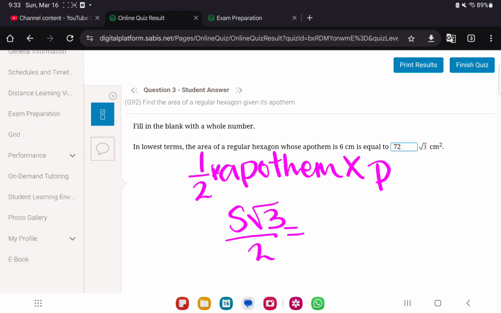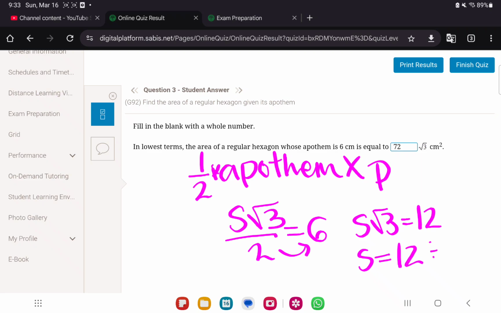Here they tell you the apothem is 6, so move to the other side: side times radical 3 equals 12. So the side S is 12 divided by radical 3, which gives you 4 radical 3. Now that's one of the sides, okay?